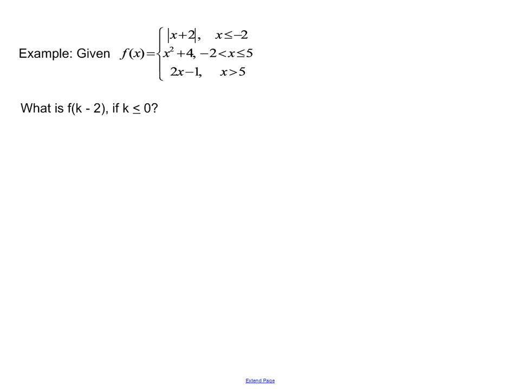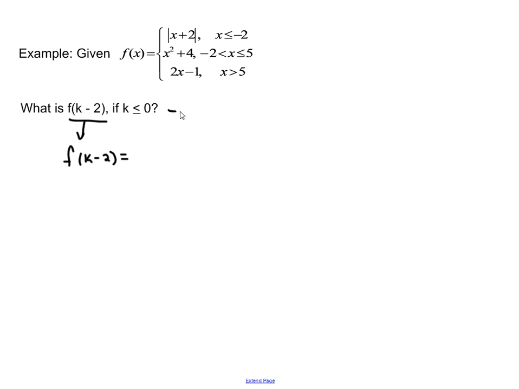Well, it's not that difficult a thing to remember if we remember that whenever we see this notation, it means that anytime we see x in our expression, we have to replace x with the quantity k minus 2.